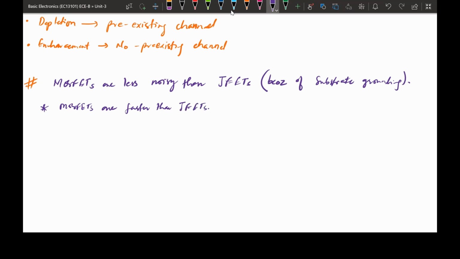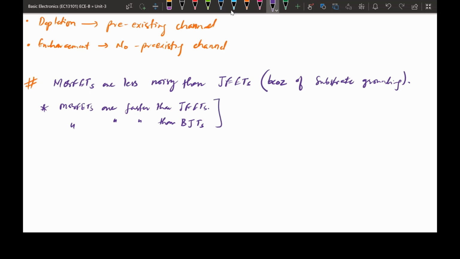MOSFETs are compared to be faster than JFET, and in comparison to BJTs also, these MOSFETs are faster than the BJTs. So from these two, the MOSFET shows a faster speed.